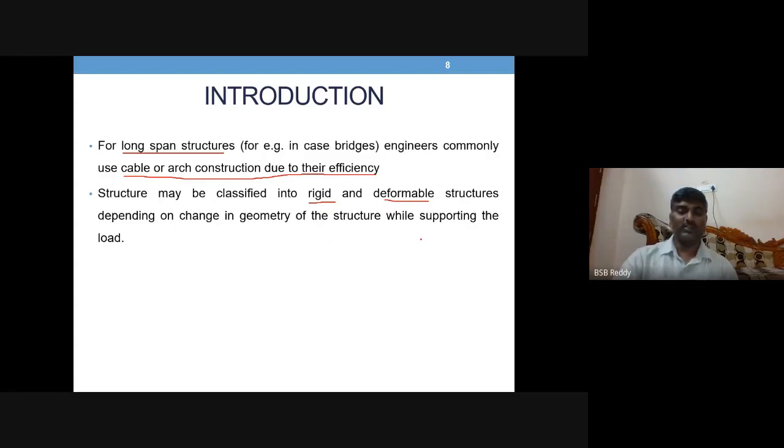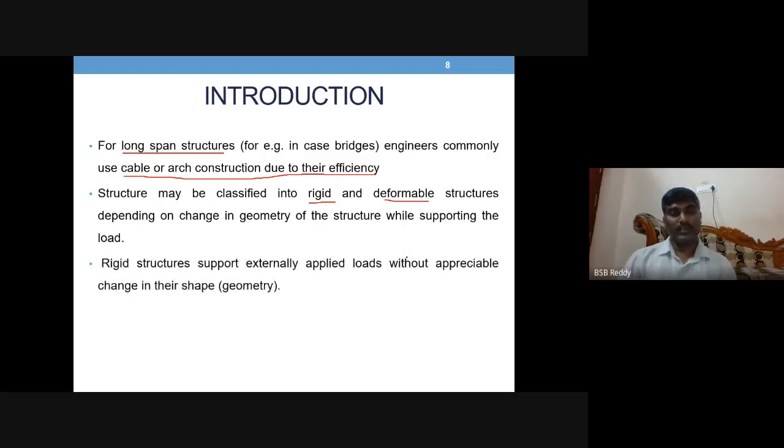You have already studied extensively engineering mechanics, which is nothing but analysis of rigid bodies, and you have studied strength of materials and then structural analysis. All that is completely analysis of deformable structures.